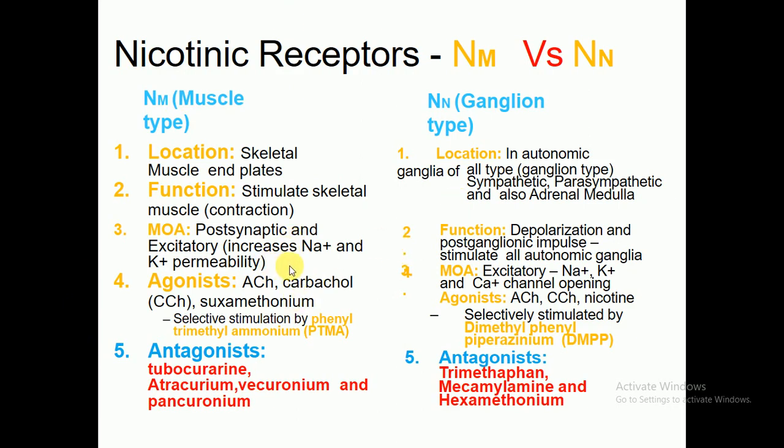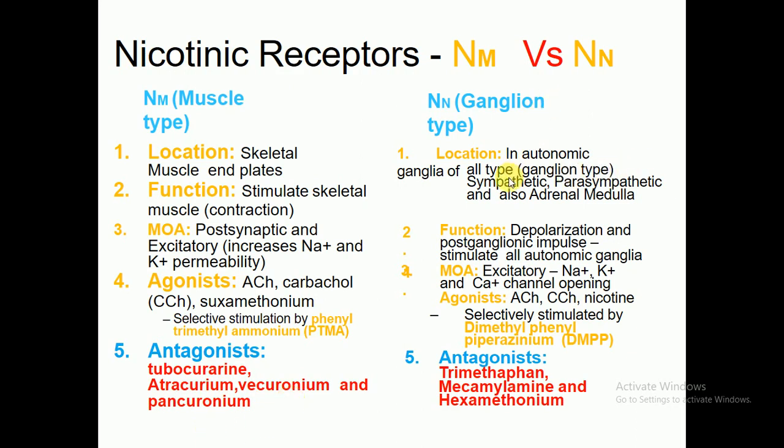It means that they can increase sodium and potassium permeability. Drugs may be agonists or antagonists. Agonists, for example, are acetylcholine, carbachol, and succinylcholine, with selective stimulation by phenyl trimethyl ammonium, while antagonists are tubocurarine, atracurium, vecuronium and pancuronium.